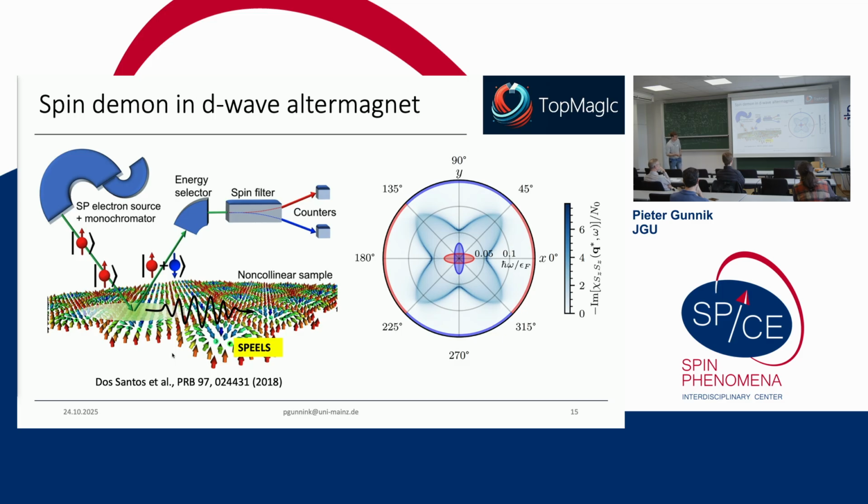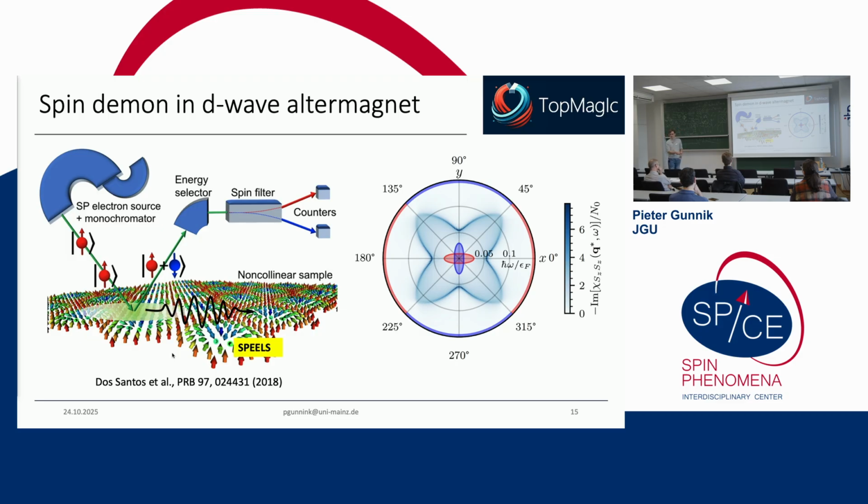Right, so how would you now ever go about detecting this? In principle, you can use spin polarized EELS, where you shoot electrons with some known spin polarization and you again split them at the detector. So this is spin polarized electron energy loss spectroscopy, momentum resolved.